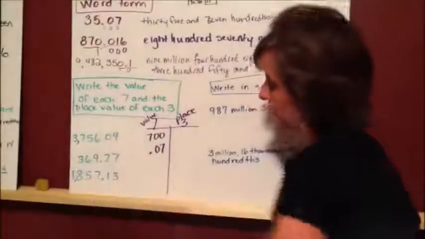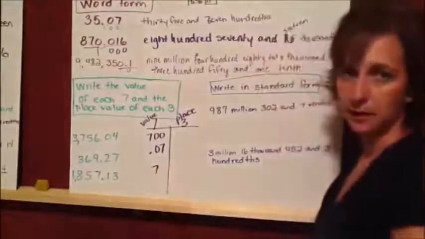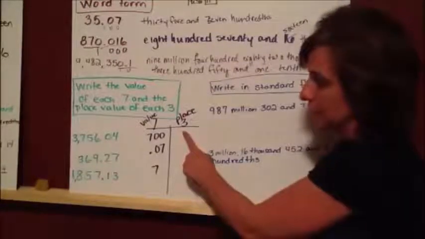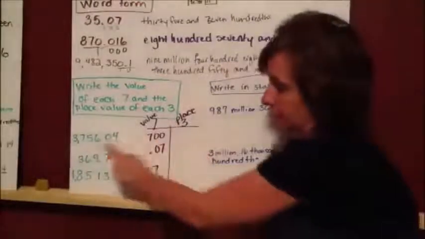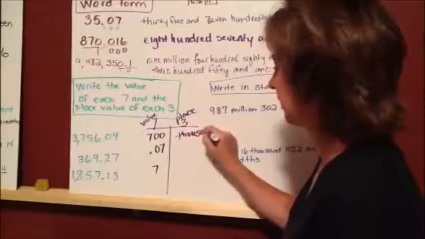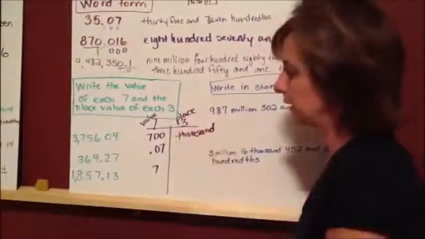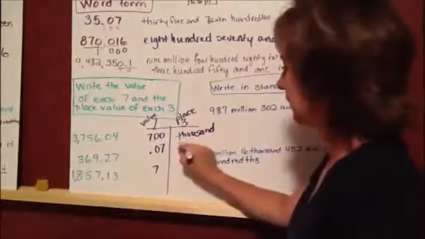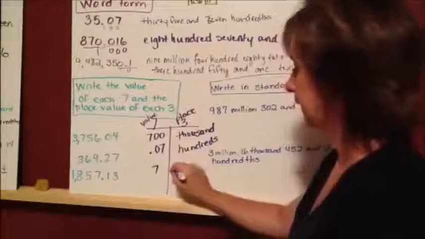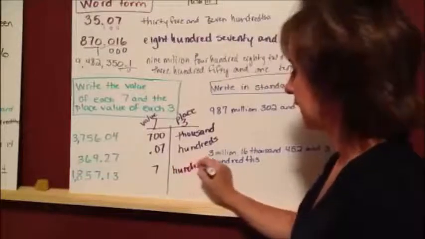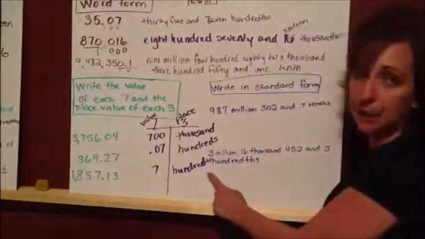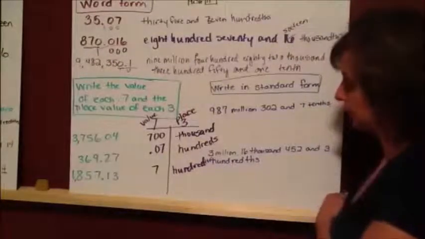This 7 is in the ones place, so its value is 7. The place value of the 3 is 1,000. That is where the 3 is located. This 3 is in the hundred place, and this is in the hundredths. The TH at the end tells us that it is less than 1 and is behind the decimal.